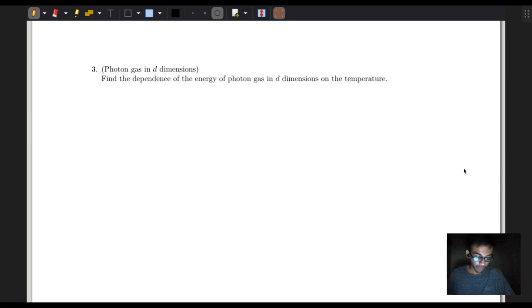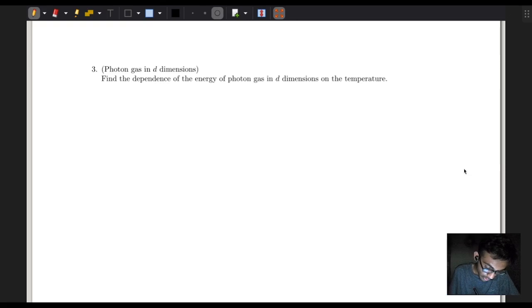So this is like a simple exercise in doing kind of dimensional analysis, you can say. We'll be using how the density of states depends on the energy, and then we're going to pull out the temperature dependence we need from the integrals.